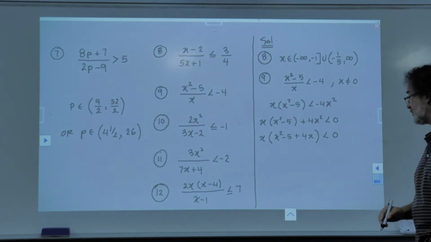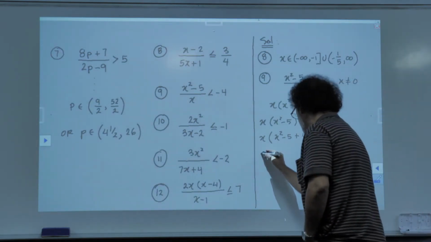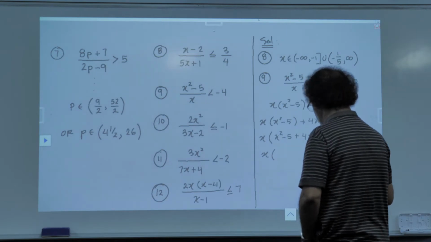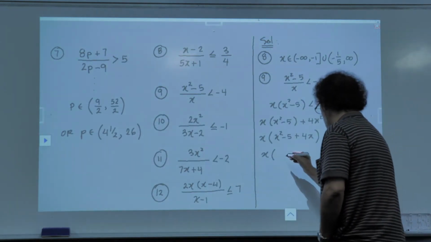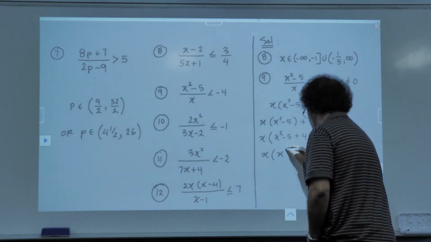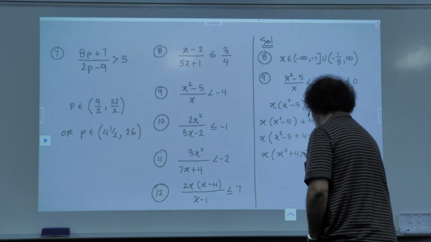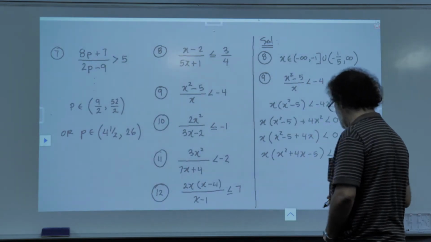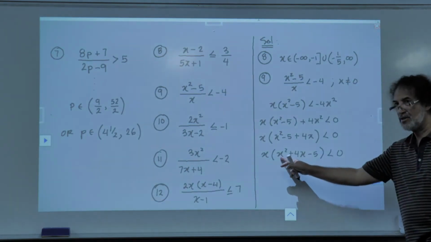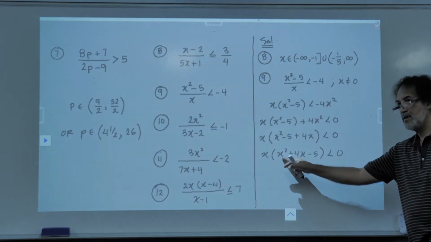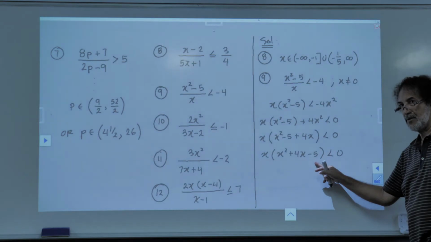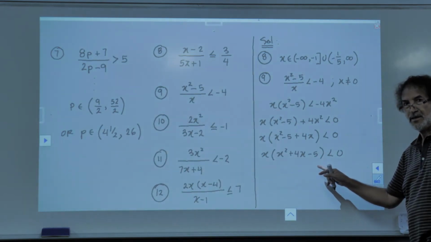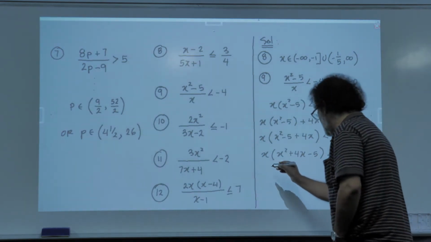Then we have x, and in here we have x squared plus 4x minus 5. This is going to be an interesting one, because can we factorize this? 5 and negative 1.